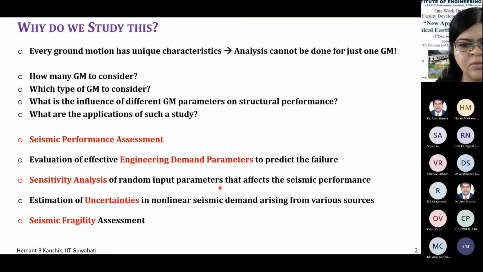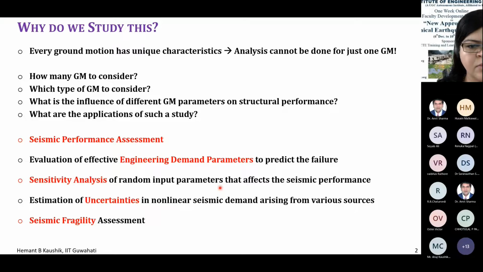So there are so many input parameters that we are required to give to the software to do the analysis. Unless we know how sensitive the output of the structure is to these input parameters, we will not be able to carry out a proper analysis. So you'll understand more about it when we go into detail. So that is the third application.